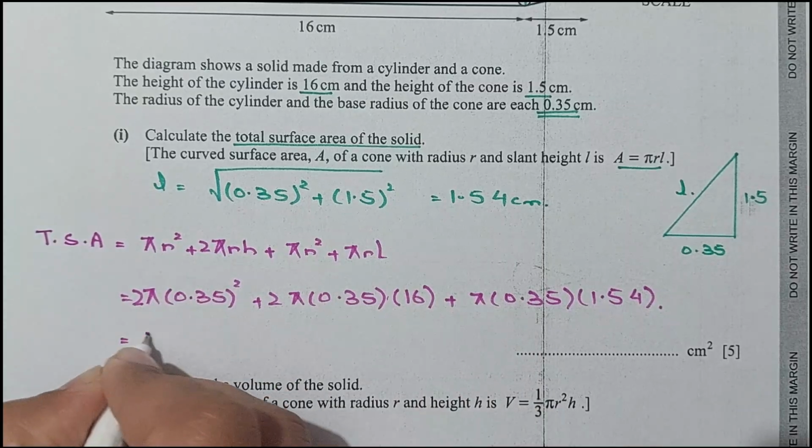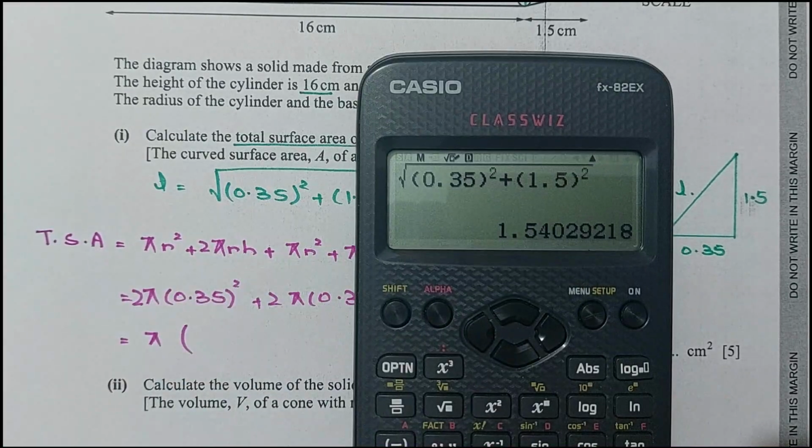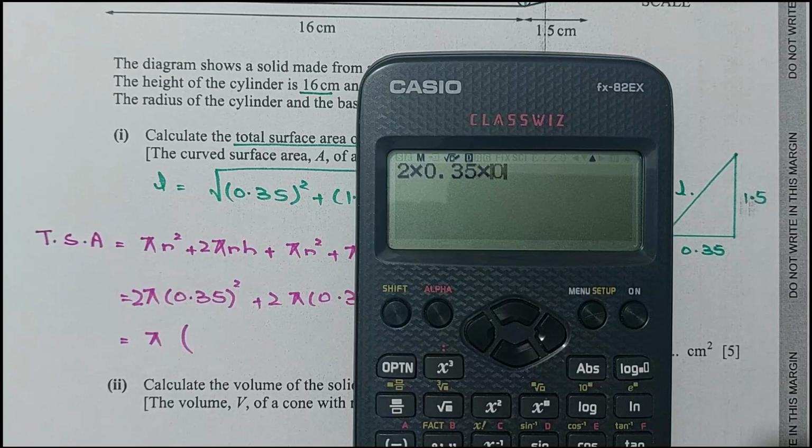Let me take pi common and simplify. This is 2 times 0.35 times 0.35.